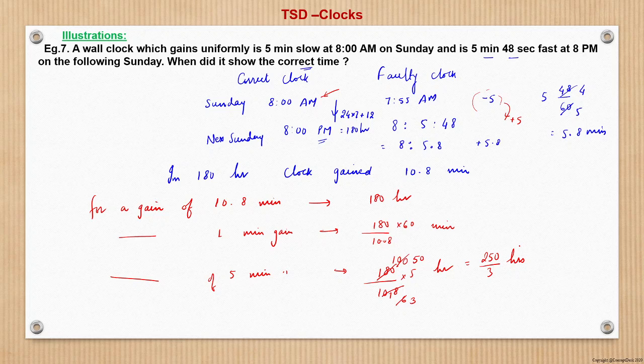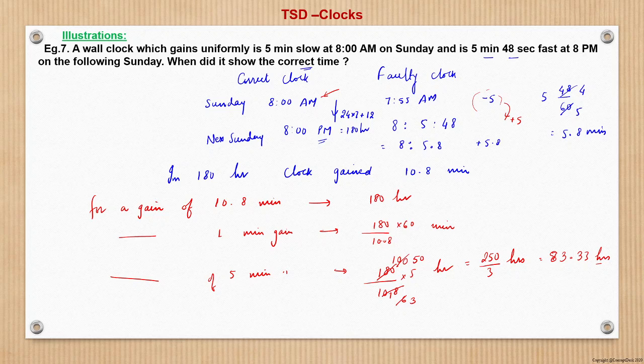So 250 by 3 hours means what? 3 times 8 is 24, 1 remains, so it is 83 and 1 by 3 hours, right?